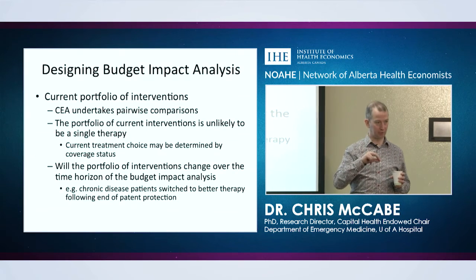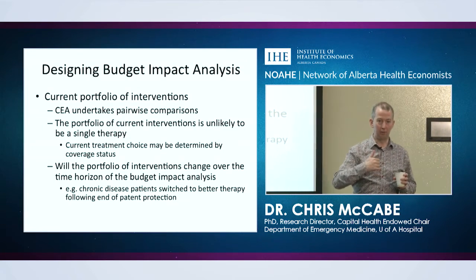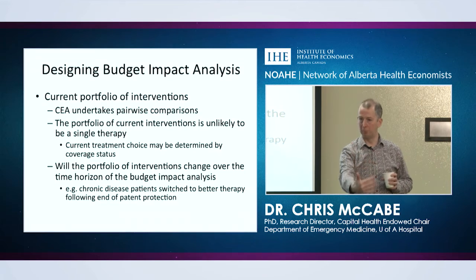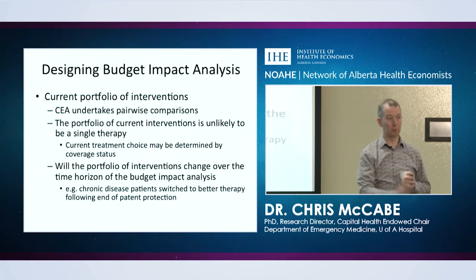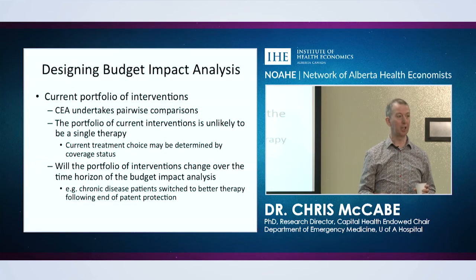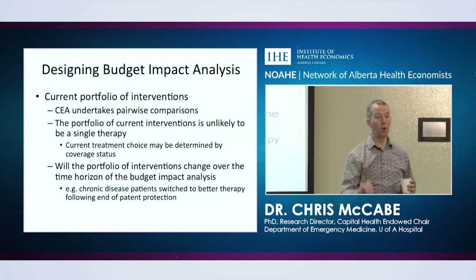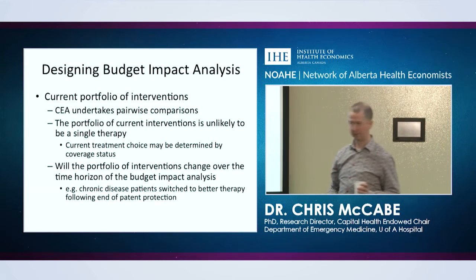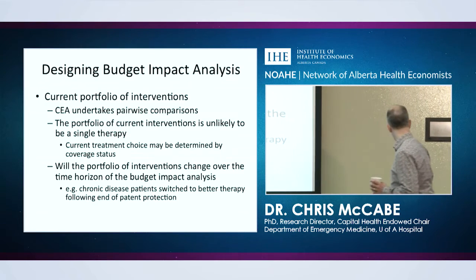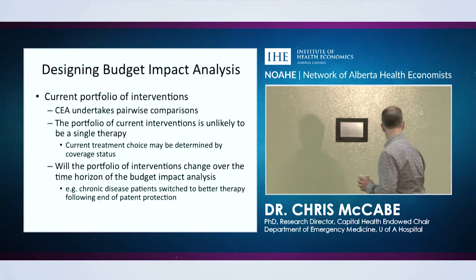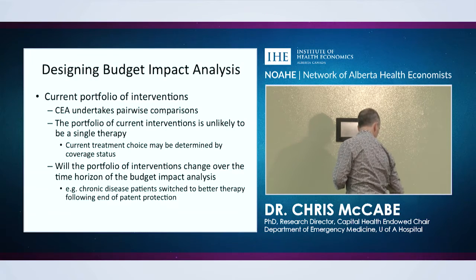So looking forward over the time horizon that you're modeling for the budget impact and asking, will some things come off patent and save me a shed load of money? Will other things come onto the market that are patented and again push this budget upwards in ways that I didn't really expect? So thinking through that is really useful.